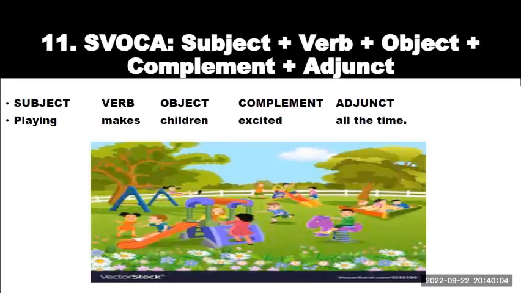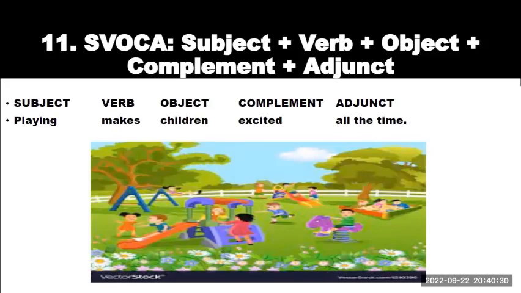And when you look at all these, then you will begin to understand the various parts of the English sentence and the various roles they play, so that together they enable the sentence to convey its intended meaning. And so when we look at this, playing is the subject, makes is an action verb.